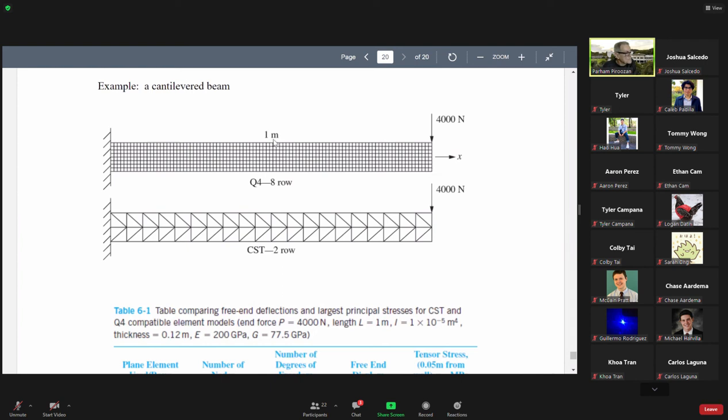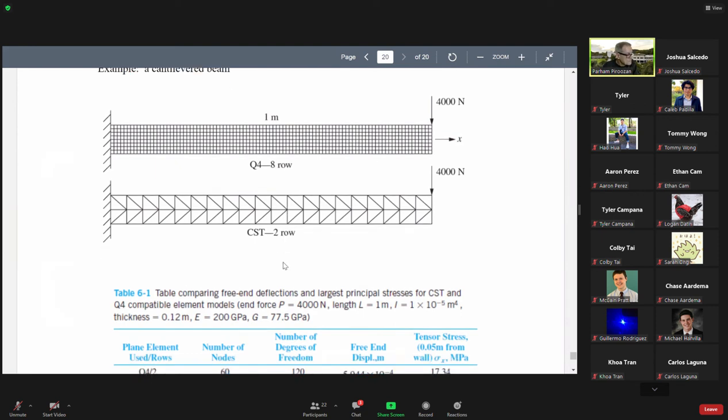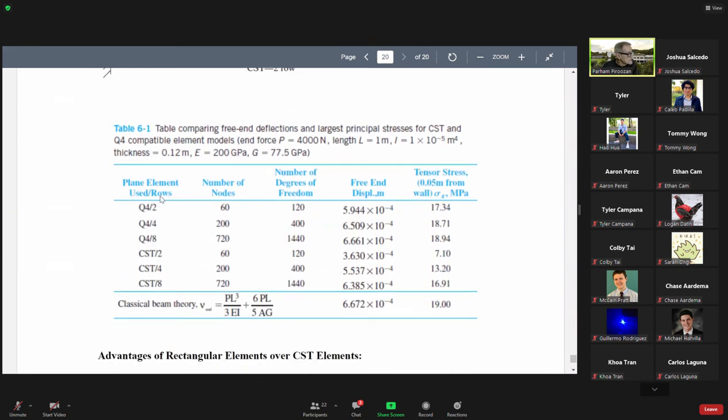What we have is this cantilever beam, with a 4,000 Newton force applied here. We want to compare rectangular elements like this and triangular elements, and see how this one behaves compared to this one, with different numbers of rows and different selections. We are comparing them in this table, table 6.1.